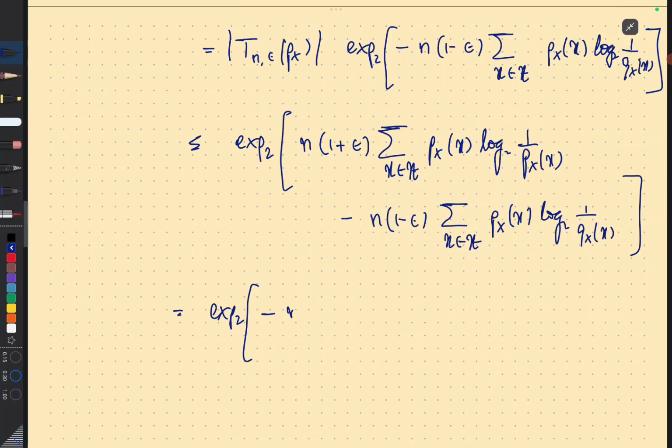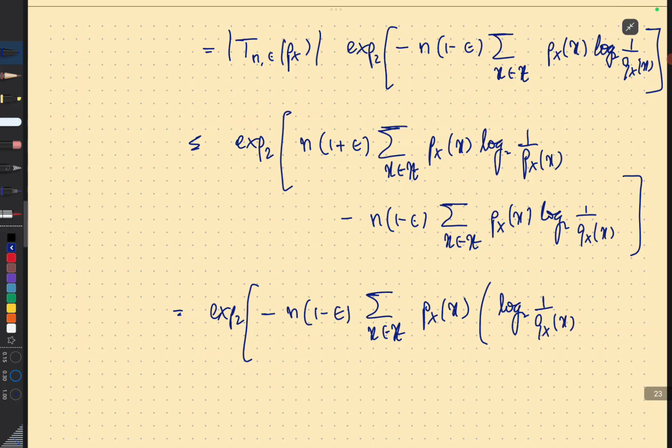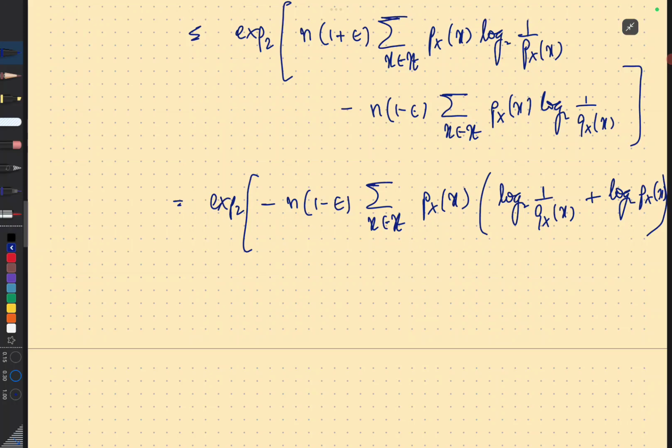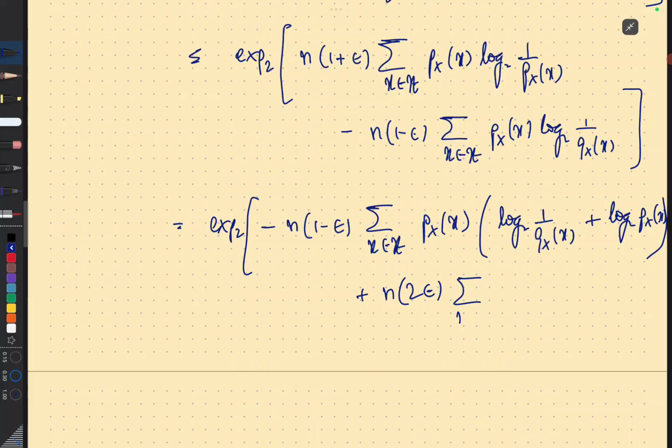I'll write this as minus n times 1 minus epsilon, p_X(x) log 1 over q(x) plus log p_X, plus some other term, but it's something that is very small because it's n times some constant times epsilon.